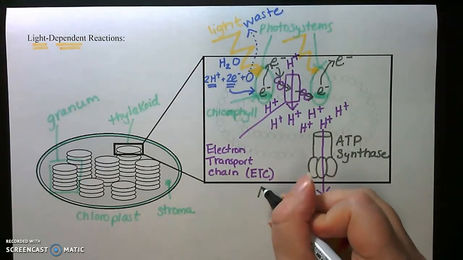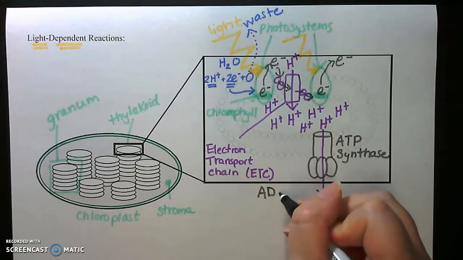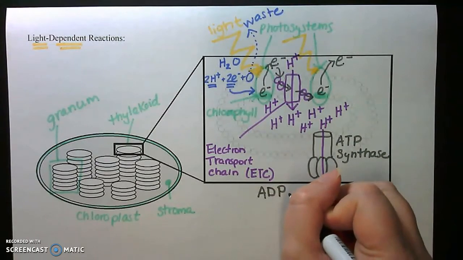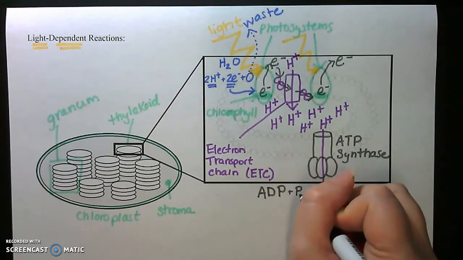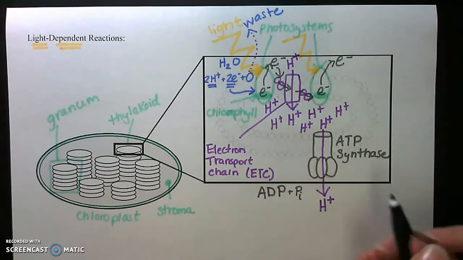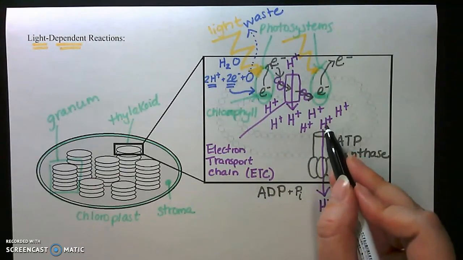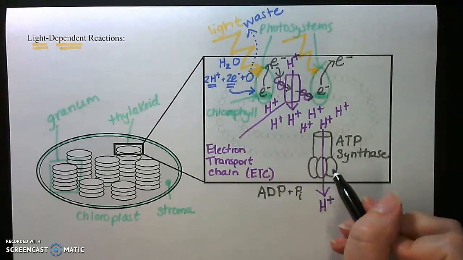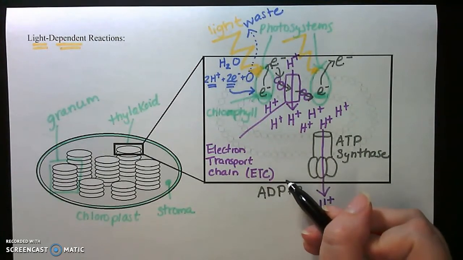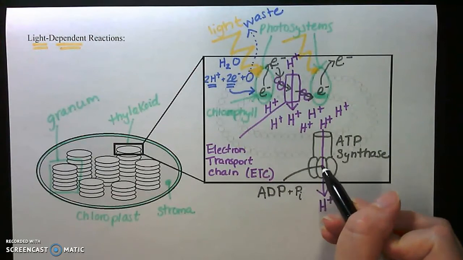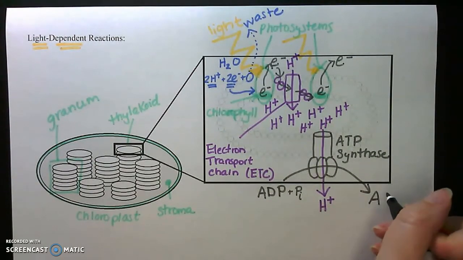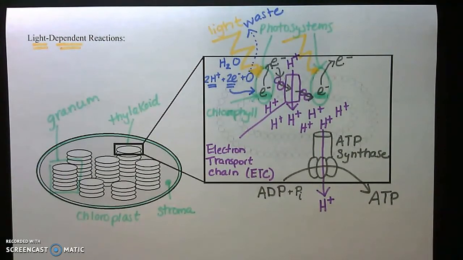Remember, in order to make ATP, you start out with ADP, adenosine diphosphate, and then you need an inorganic phosphate group. And as hydrogen ions move through ATP synthase, it spins this bottom portion, and the ADP and the inorganic phosphate get built up into molecules of ATP, which is adenosine triphosphate.